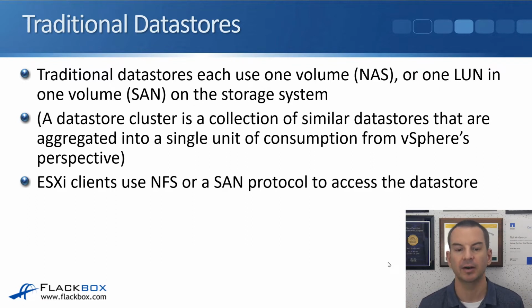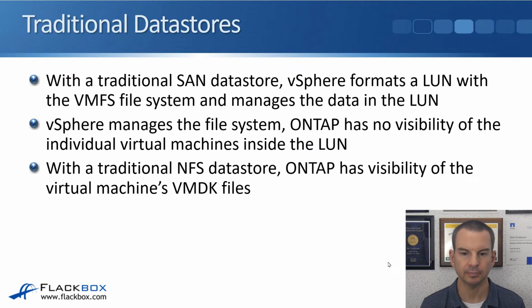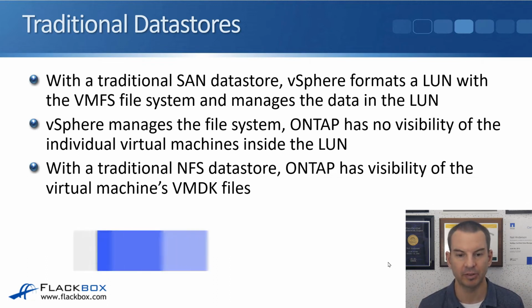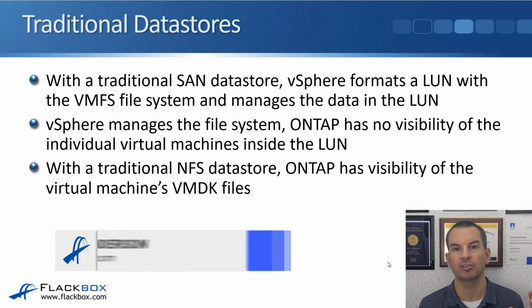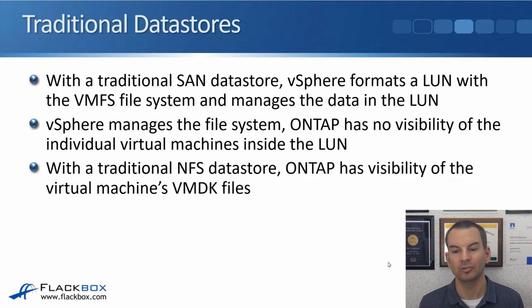And ESXi clients use NFS or a SAN protocol, Fibre Channel, FCoE, or iSCSI to access the data store. With a traditional SAN data store, vSphere formats a LUN with the VMFS file system, and it's vSphere that manages the data in the LUN. vSphere manages the file system, so ONTAP has no visibility of the individual virtual machines and their files inside that LUN.